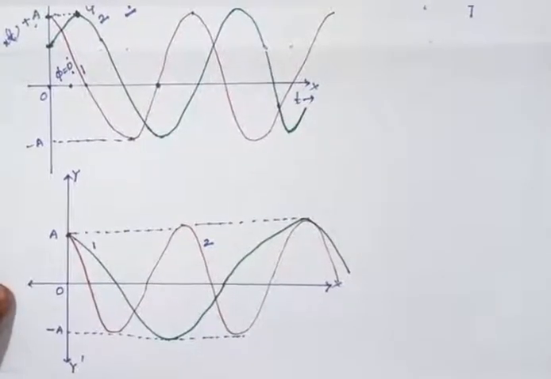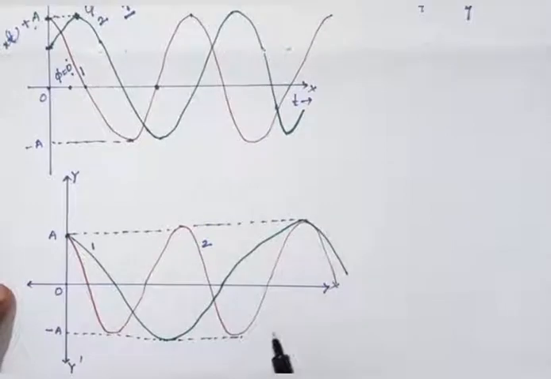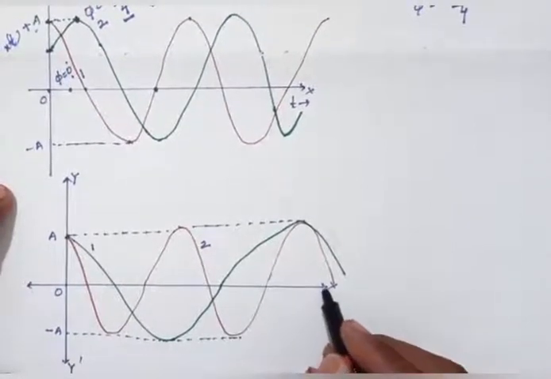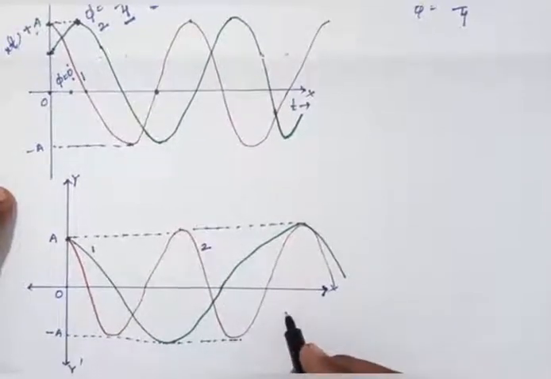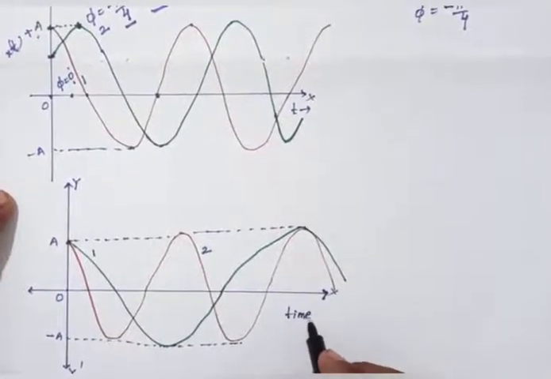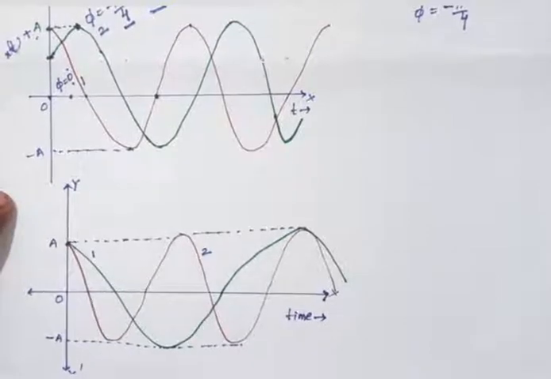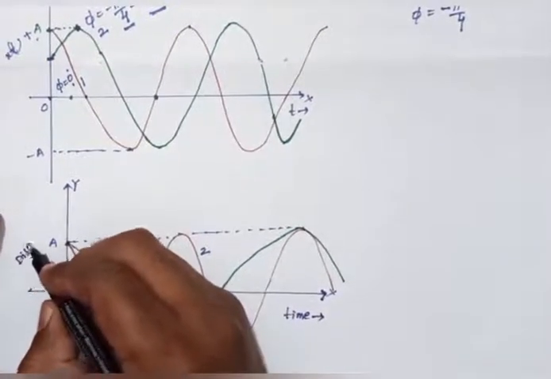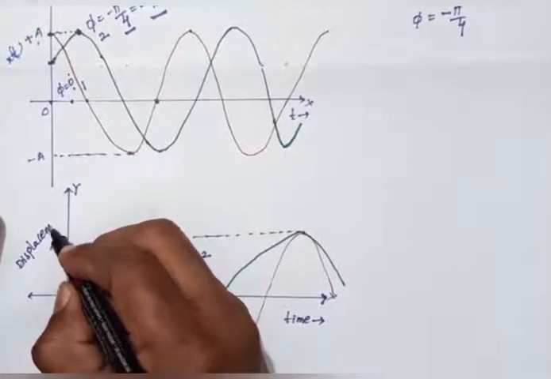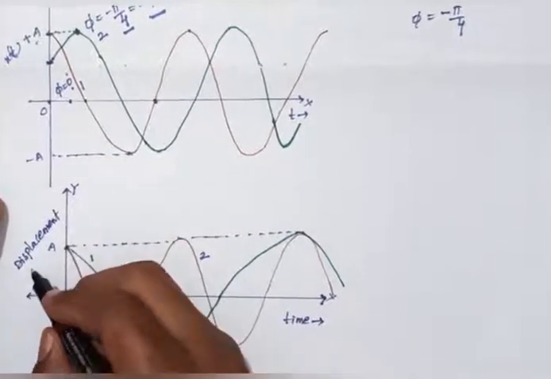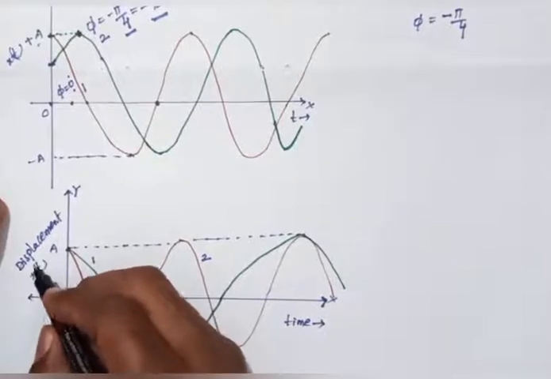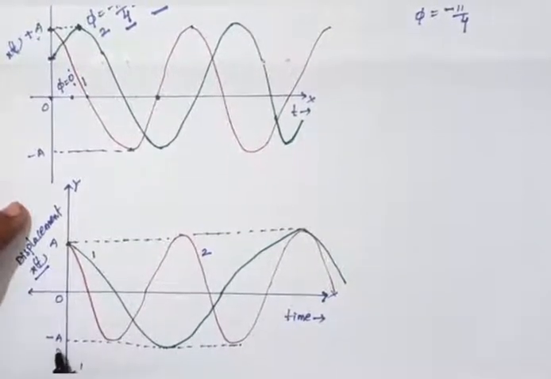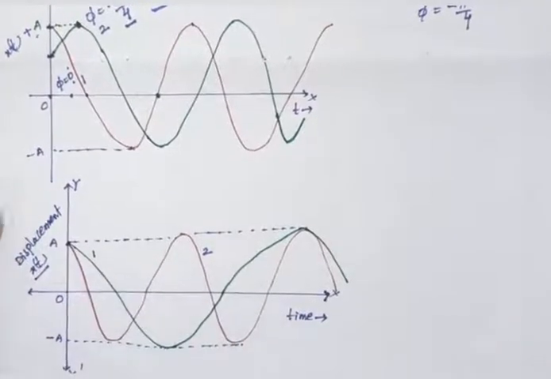So listen, we take a third graph. The graph is the relation between time on the x-axis and displacement on the y-axis, so displacement as a function of t. Here is the negative amplitude and this is the positive amplitude.